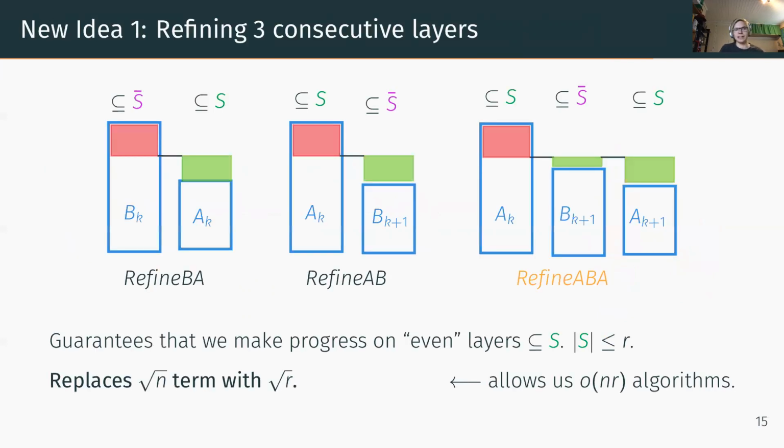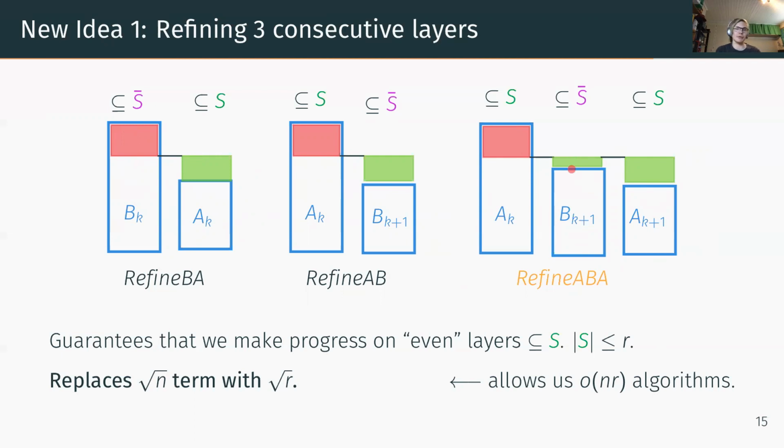So our first idea is instead of refining on only 2 consecutive layers, we do a refinement procedure on 3 consecutive layers at once. If we just refine on 2 consecutive layers, we basically remove some elements in one layer and add some in the next. But when we do it on 3 consecutive layers, on the first of our 3 layers, we remove some elements. In the last, we add some elements.